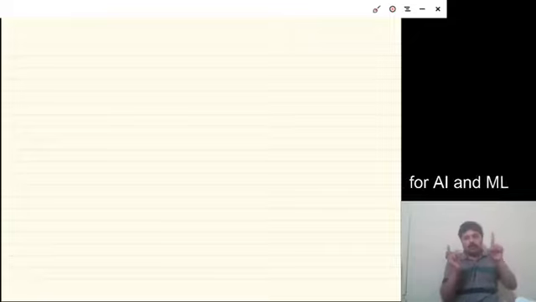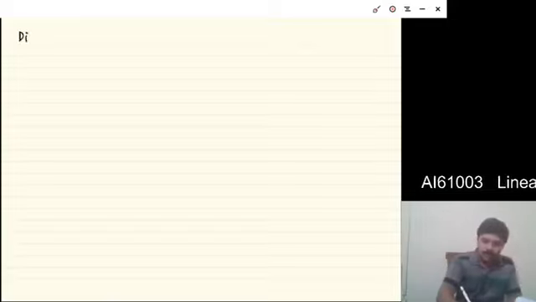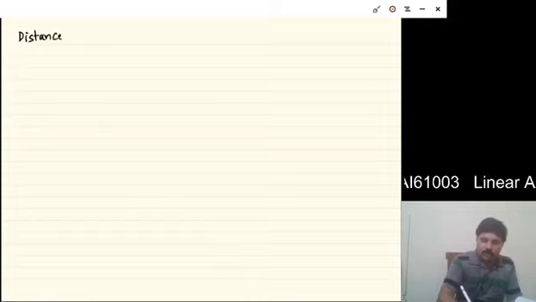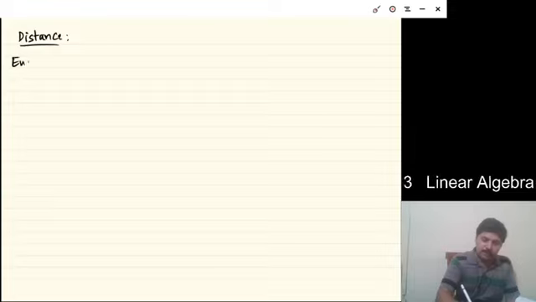But now if I am given two vectors x and y in the plane, or x and y in arbitrary space Rn, I want to find out the distance between these two vectors. And how can I find the distance between the two vectors? With the help of norm. That's what I am going to do. So the next thing that we want to look at is distance between the vectors. So Euclidean distance.